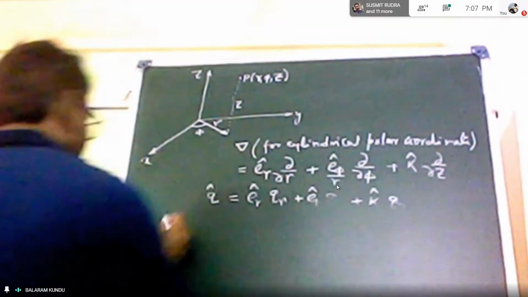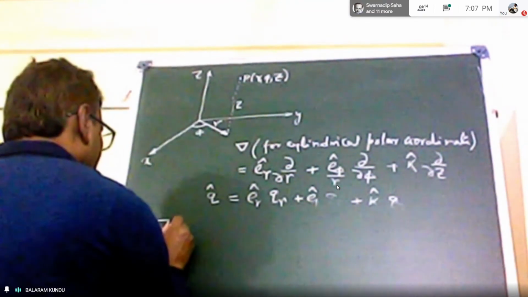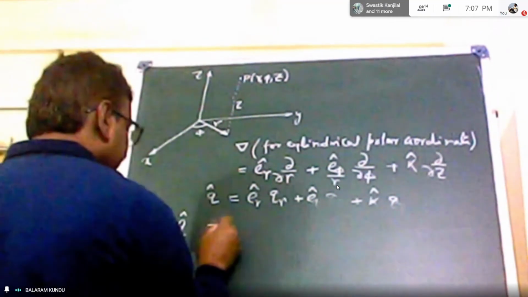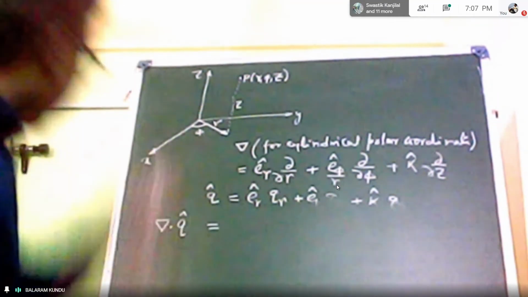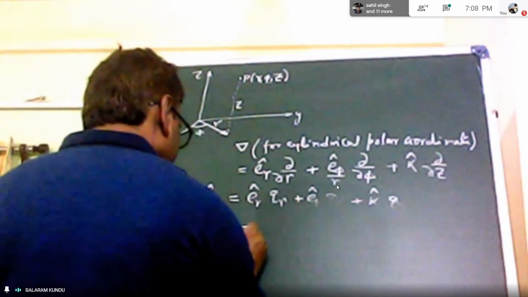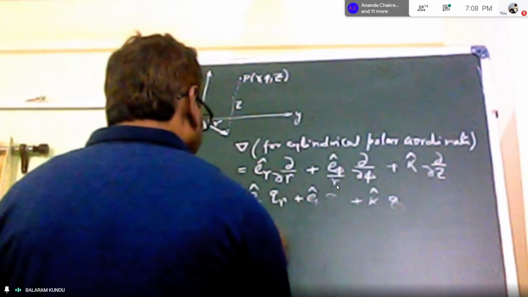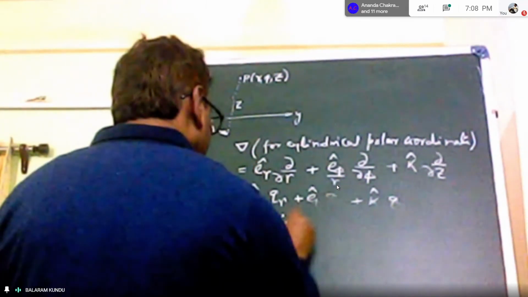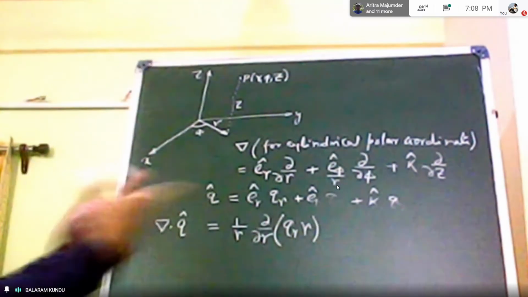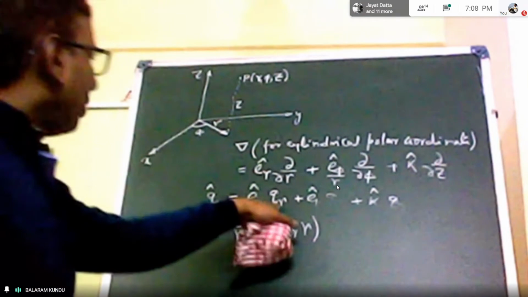Now mathematically we know that this grad dot q can be expressed in cylindrical coordinates as 1 by r del by del r of qr into r. So three terms are there, three components of heat flux.